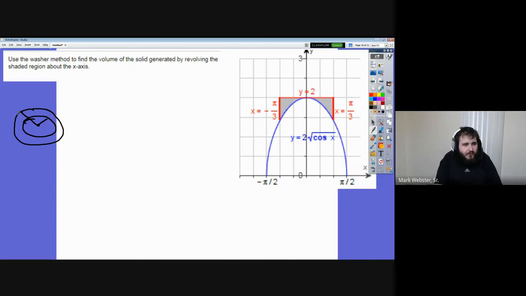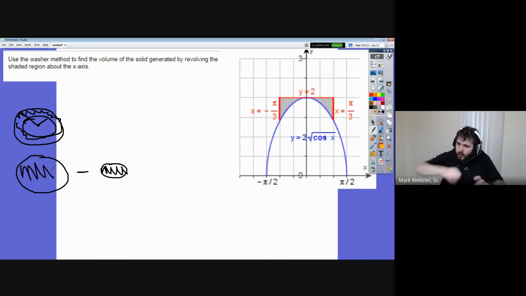Really all you're doing if you want to find the area of this part is taking, and in fact I have done this exact thing before, the big one minus the small one. So the outer ring minus the inner ring, because you're punching out the center.